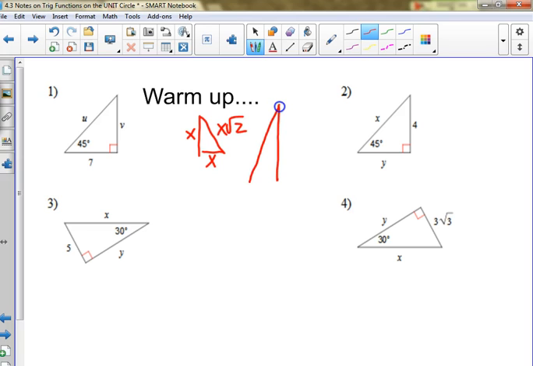The 30, 60, 90 is short leg or x. Long leg is the short leg times square root of 3, or x square root of 3. The hypotenuse is 2 times the short leg. Yes? No? Maybe?